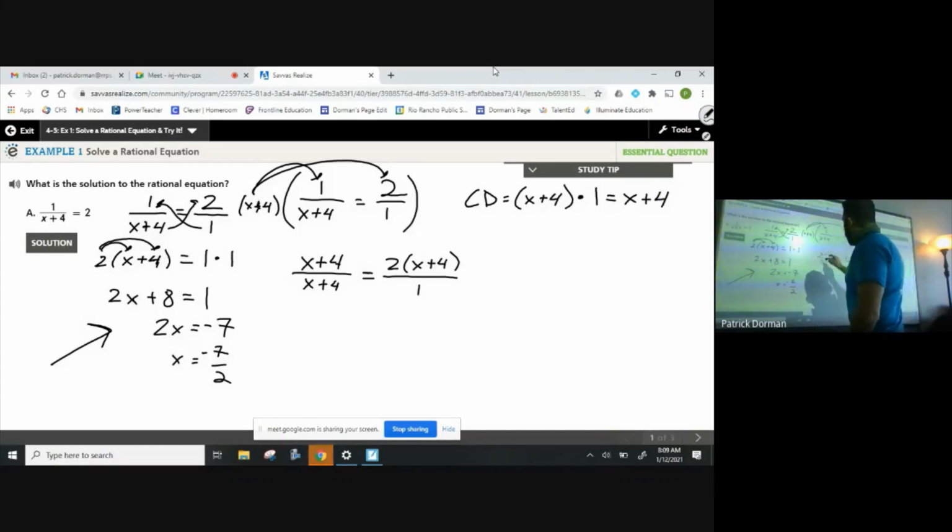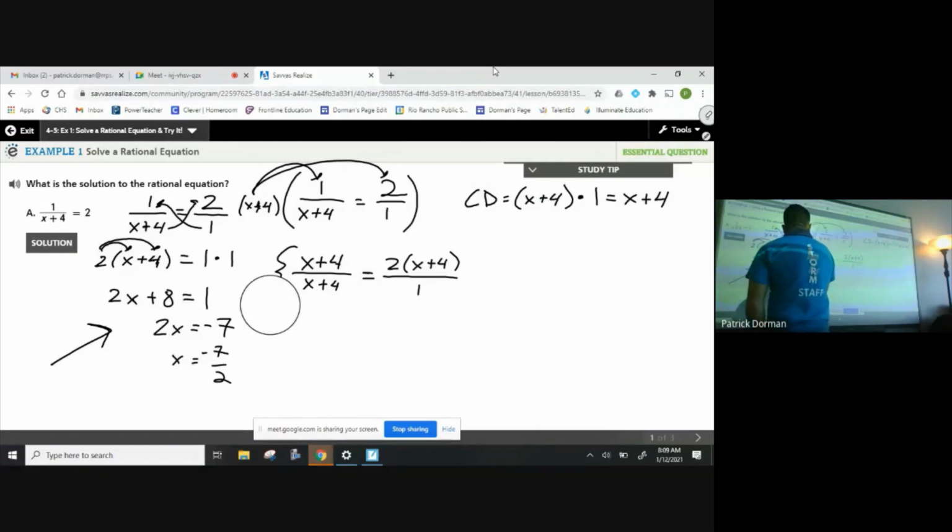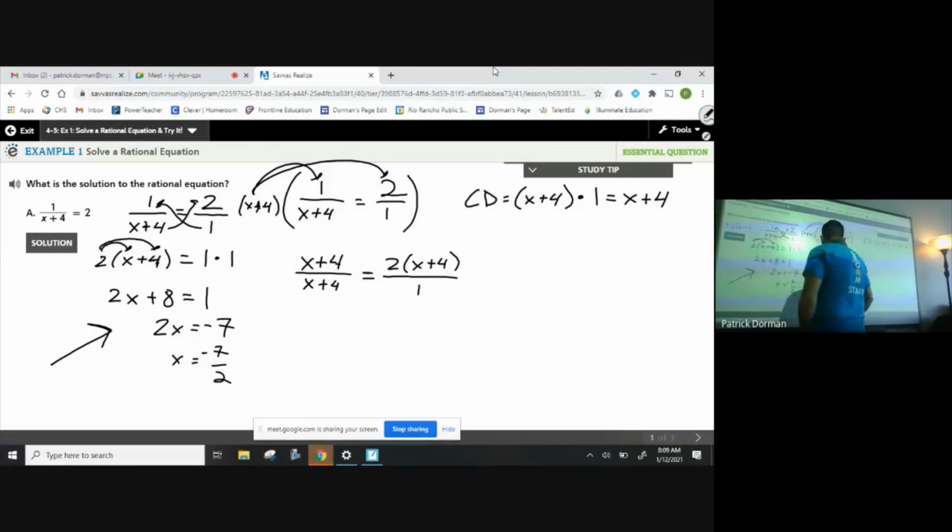So x plus 4 over x plus 4, this right here, that's just 1. And then I'll distribute the 2. So 2 times x is 2x. 2 times 4 gives me the 8.